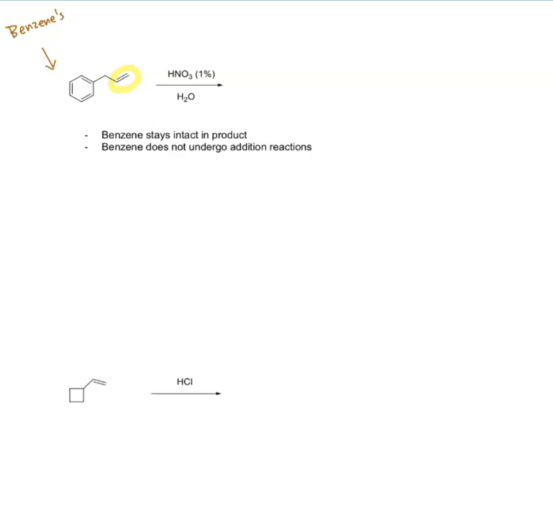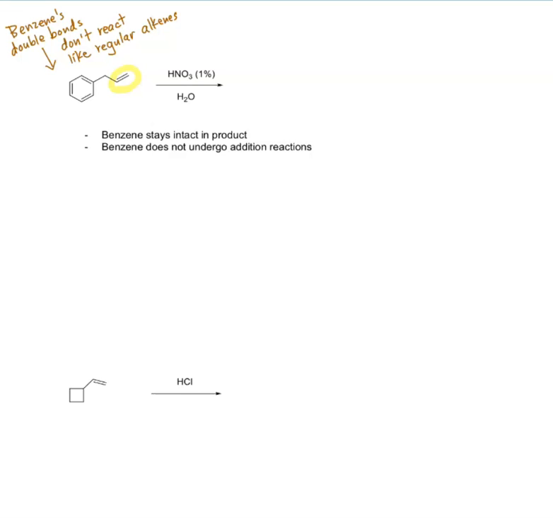So benzene's double bonds have their own way of reacting that's not the same as any other double bond. So they don't react like regular alkenes. In this section, we're just talking about the reactions of regular alkenes, not the ones in benzene.